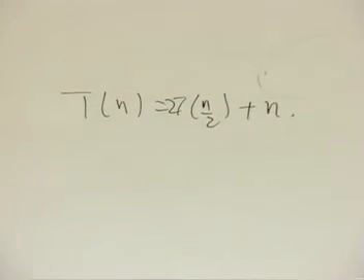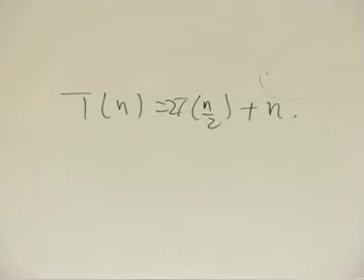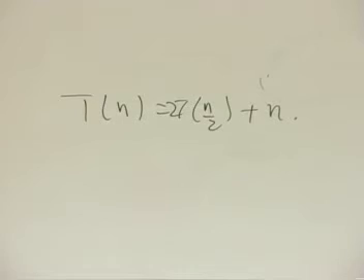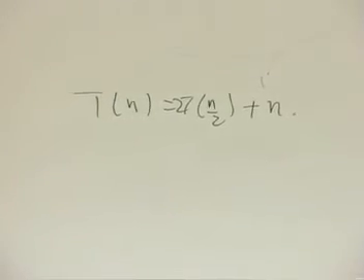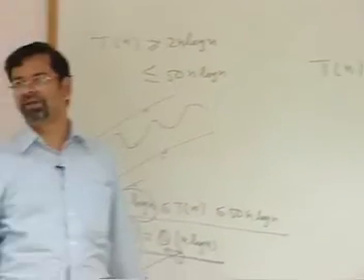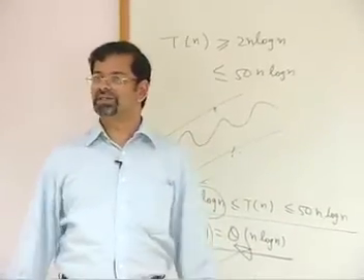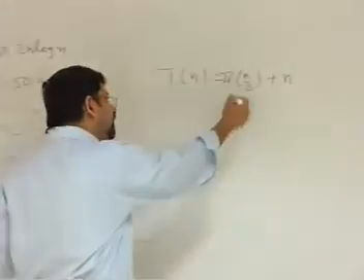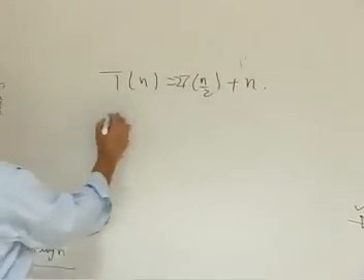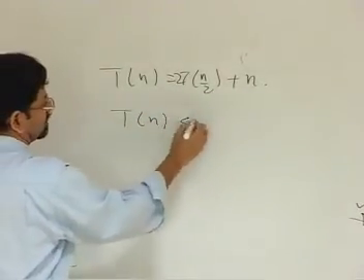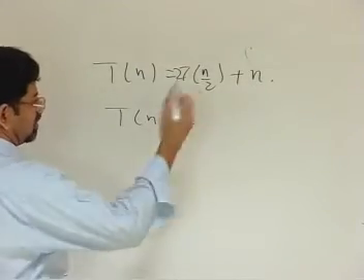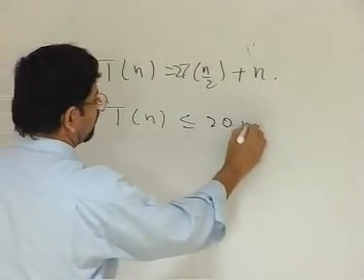But you are stuck. I don't know what this recurrence equation is and how do I solve it. This of course is easy to solve, but suppose you get some recurrence equation. Then what you do is the following: weaken it a little bit and then do some trick and get something like T of n is less than or equal to 20 n log n.